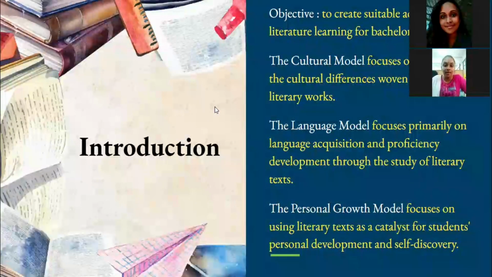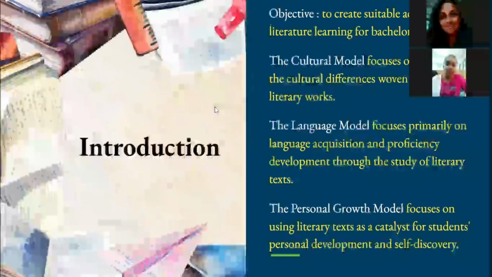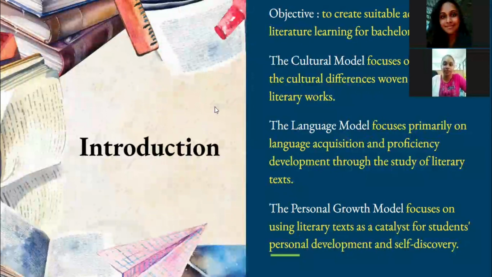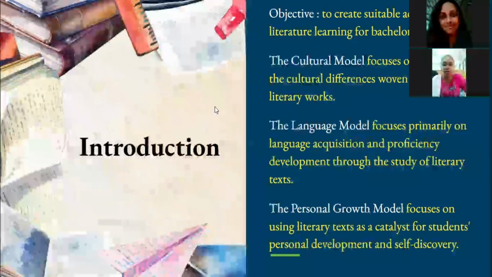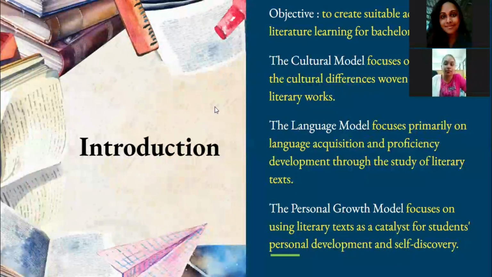A little bit about the cultural model, the language model, and also the personal growth model, which are used in teaching literature. Firstly, the cultural model is a model that focuses on examining the cultural differences woven between literary works.